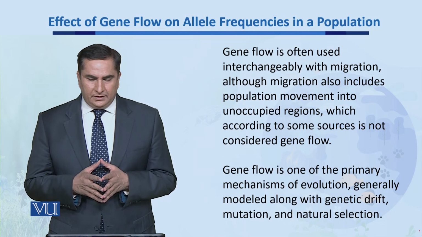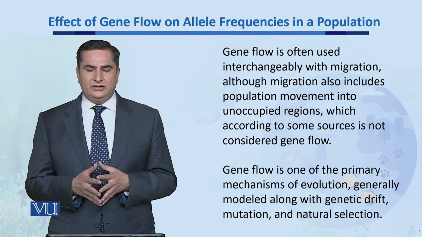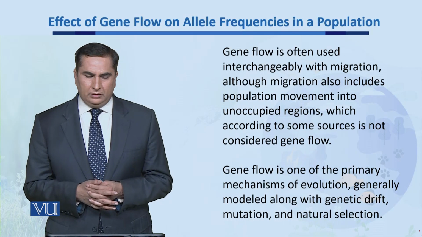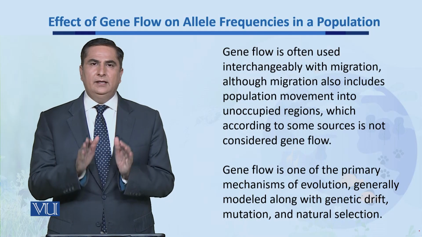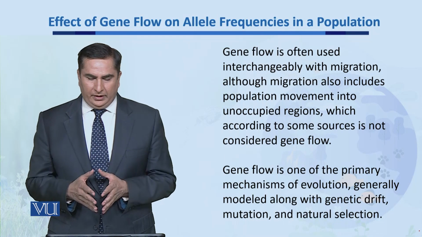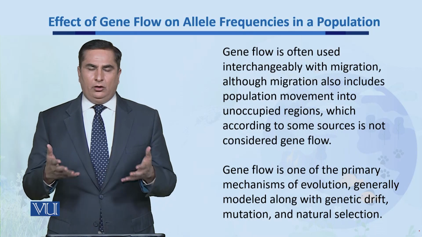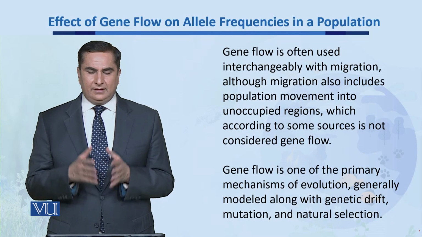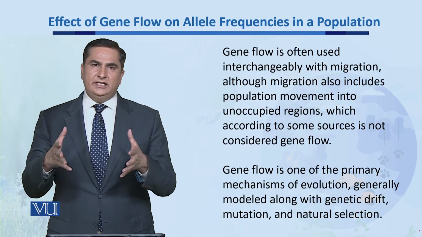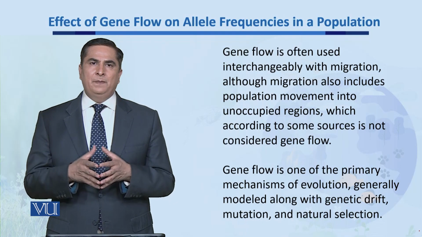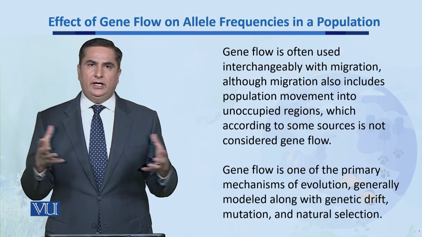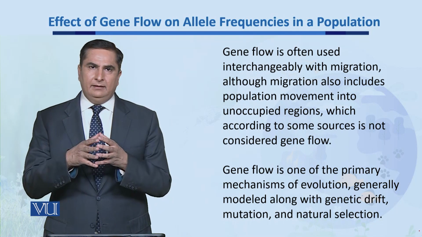Gene flow is often used interchangeably with migration, although migration also includes population movement into the unoccupied regions, which according to some sources is not considered gene flow. Gene flow is actually the presence of the same population in two areas and their mixing.